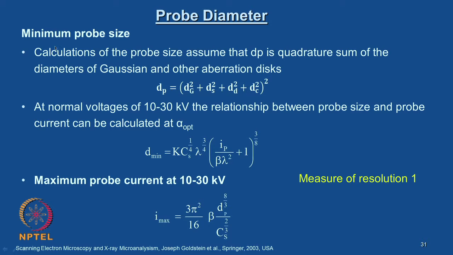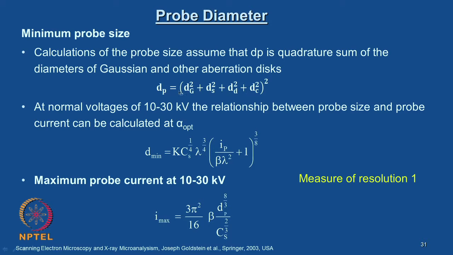So, if you look at the minimum probe size involving all these aberrations, calculations of the probe size assume that dP is the quadrature sum of the diameters of the Gaussian and other aberration disks. You look at this expression, there was a little bit of a typo in yesterday's presentation. I have made the corrections.